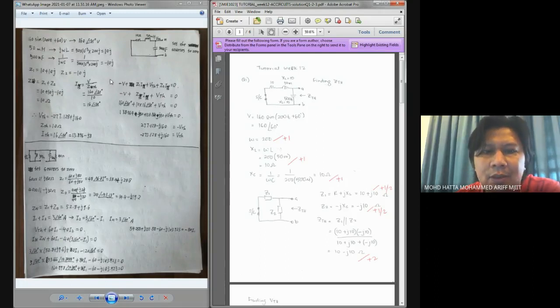For example, inductor in Henry and capacitor in microfarad, so that you need to convert into phasor domain or frequency domain values, so that all the component values should be in the unit of ohm. Here, for the conversion, we use omega, in order for us to convert from its original value into ohm value, and this is correct.